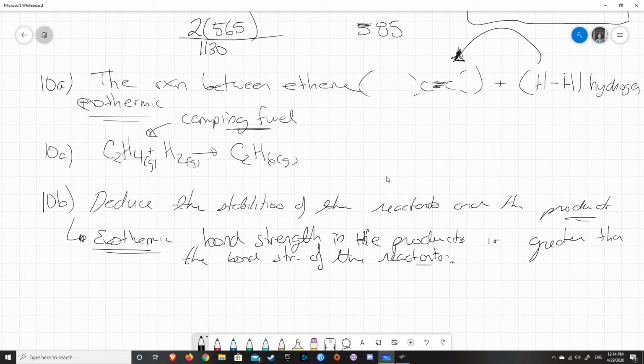So what that means is that the products are more stable than the reactants. The products are more stable than the reactants.